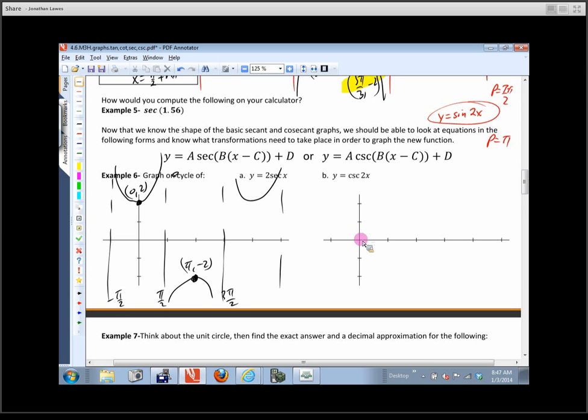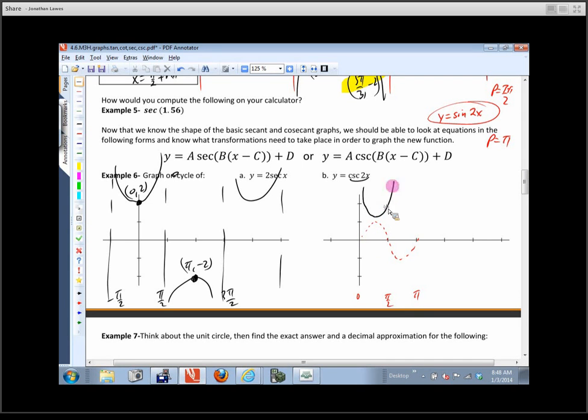So it's going to do this. That's one cycle of the sine function, right? And this is 0, and this is pi. And this would be pi halves. So if I were to graph this guy here, it's going to be the reciprocal of these.